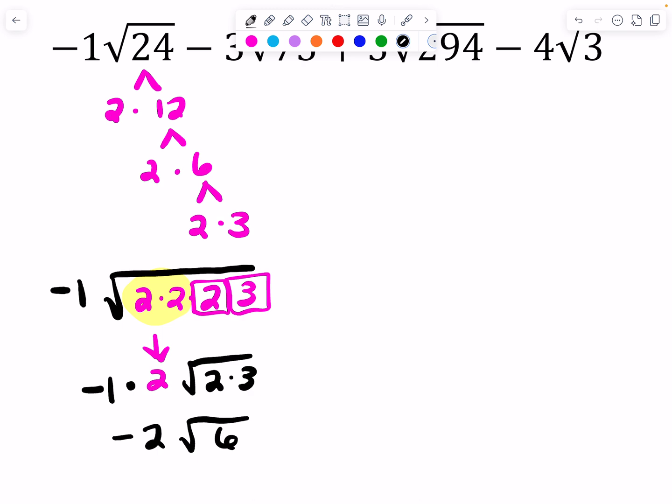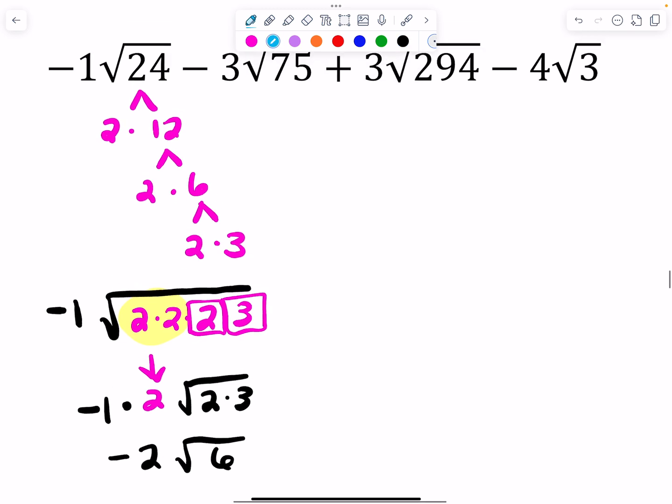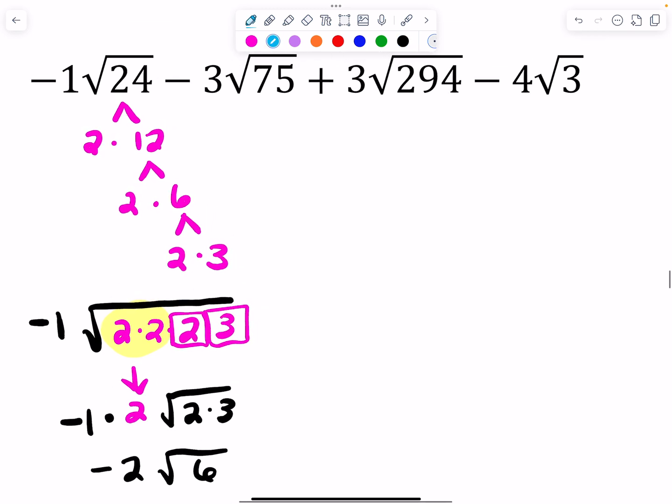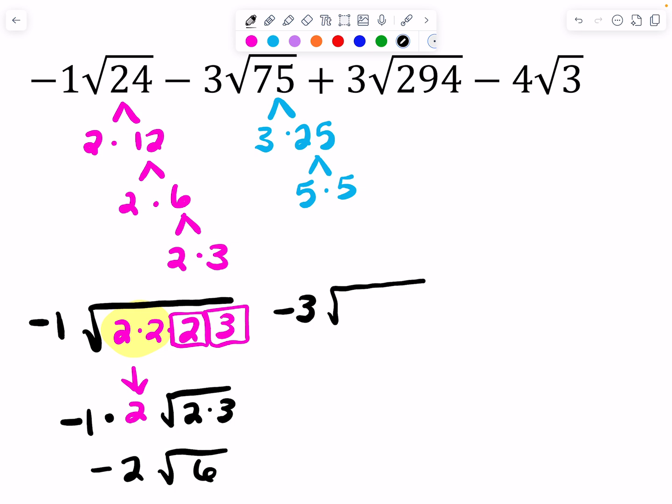So now we've got the next term. That's going to be negative 3 square root of 75. 75 breaks down to be 3 times 25. 25 is 5 times 5. So now we have negative 3 square root of 3 times 5 times 5.